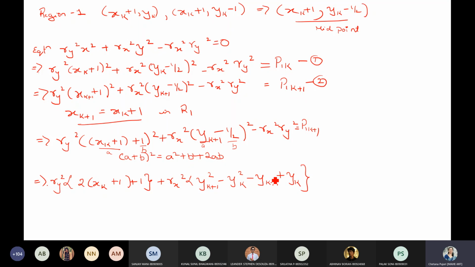So this you will be getting for p1 of k plus 1 minus p1 of k. When you do this, you will be getting this equation.